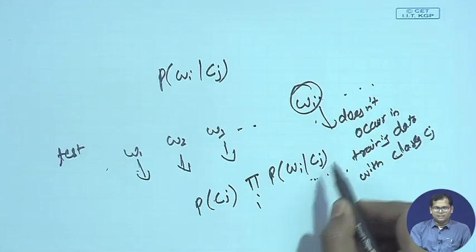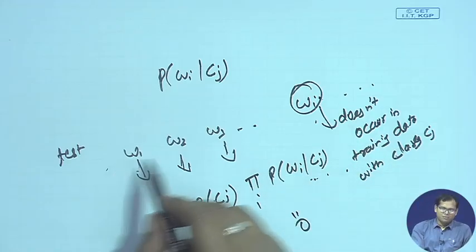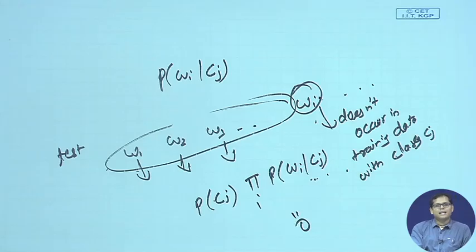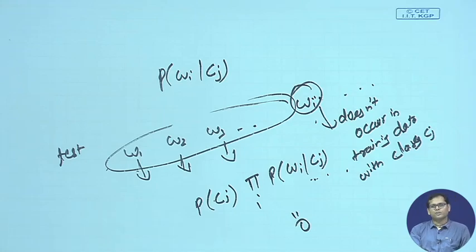If you multiply, everything becomes 0, even if the other words were very highly suggesting that class cj. So only one word not occurring in that class makes the whole probability go to 0. We need to do something to avoid this, which will remind you of what we did in the language model to avoid these zeros.